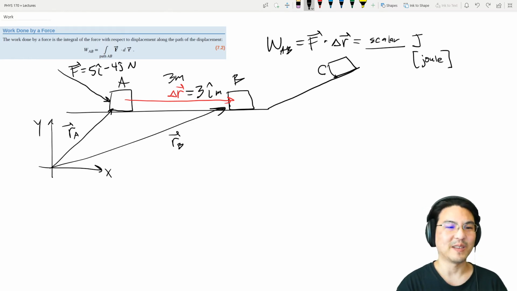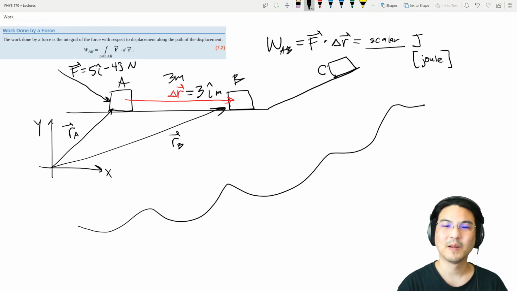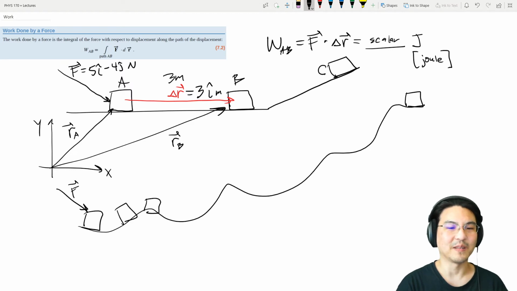All right, now let's say the path is like this. You want to get from here to here, applying a force like this. So how would you do it? You could just break this up into little segments like this.